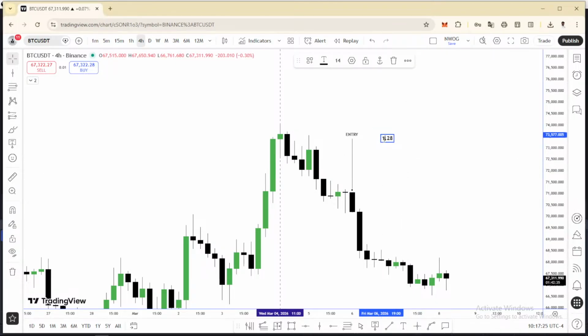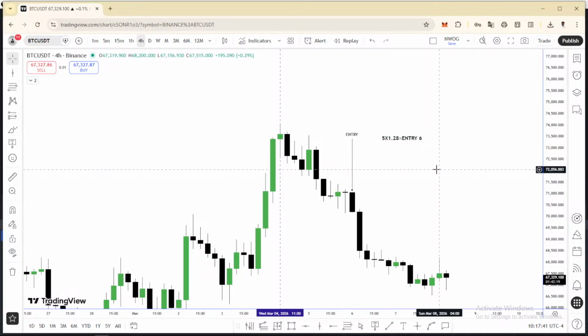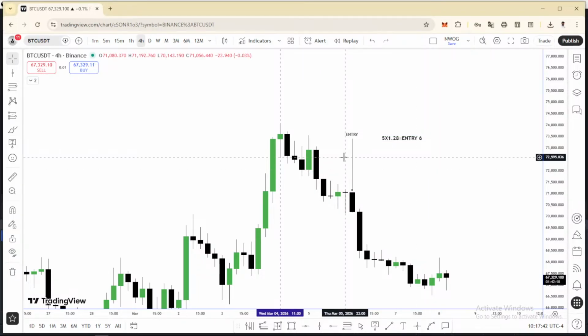Okay, so now I have given you a very simple principle. First, I said we take the 5 and we multiply it by 1.28, right? And then that equals our entry, which is 6, right? So we take this first bounce, we watch this curve right here, and then this candle happened.